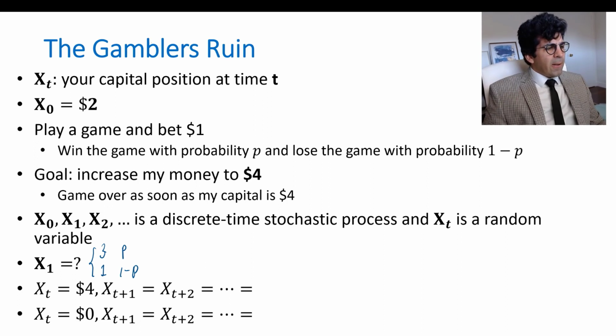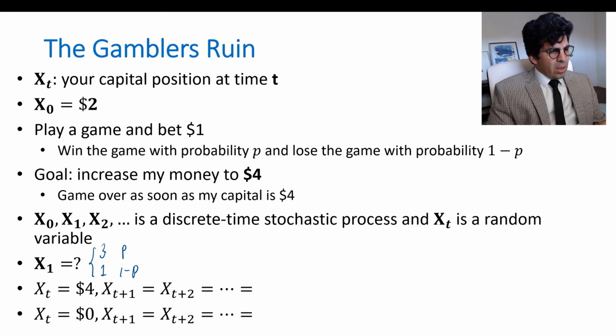And then x sub t, if at some point in the future you have $4, after that, because you're not playing, x sub t plus 1, for example, and note, t here is not really time, it's rounds of the game. That's why a discrete time stochastic process describes this very well.